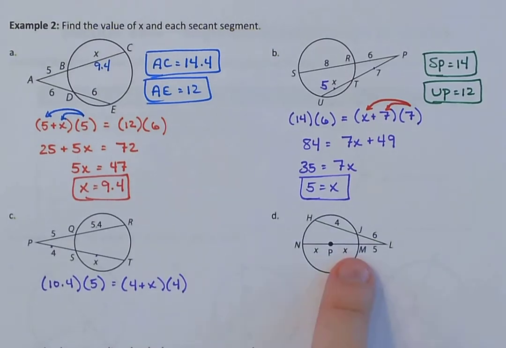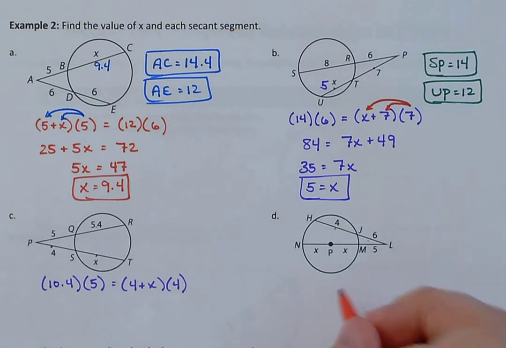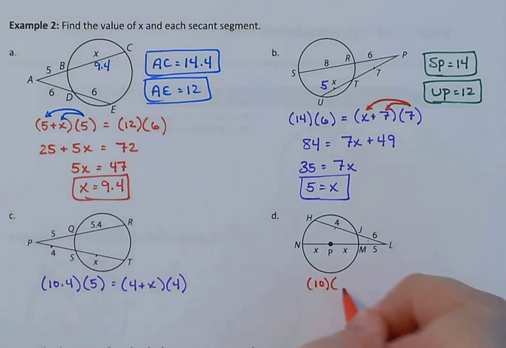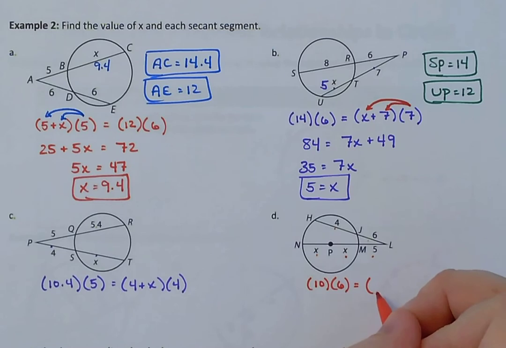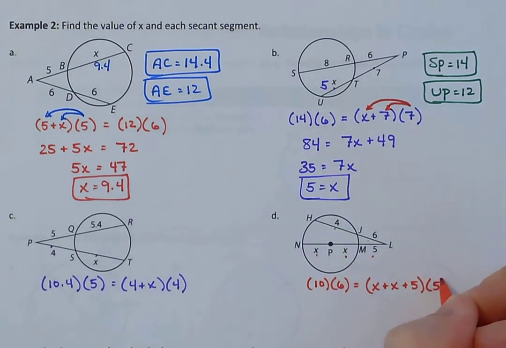For D, again, it's the secant, so the entire thing. So that's going to be 4 plus 6, so that's 10, times the external part, which is 6, equals the other secant, and that's going to be x plus 5, times the external part, which is just 5. Now, this one may seem intimidating at first, but if you just set it up, 10 times 6, we get 60.